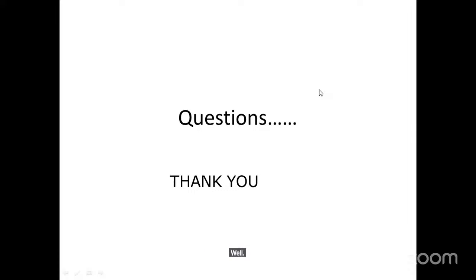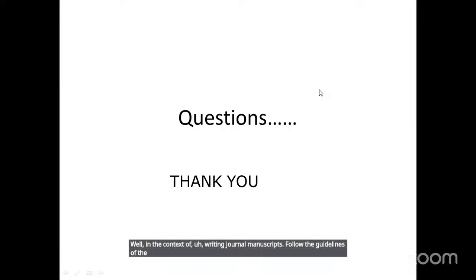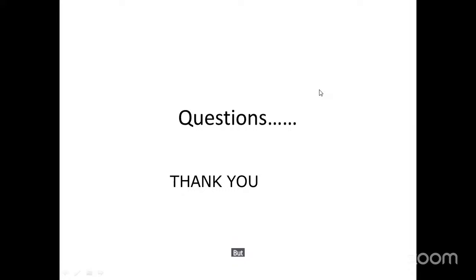Well, in the context of writing journal manuscripts, follow the guidelines of the journal. But in the process of developing, especially young career scientists, our advice is that you write these sections as separate. As you will see, we will be sharing. These sections are different.